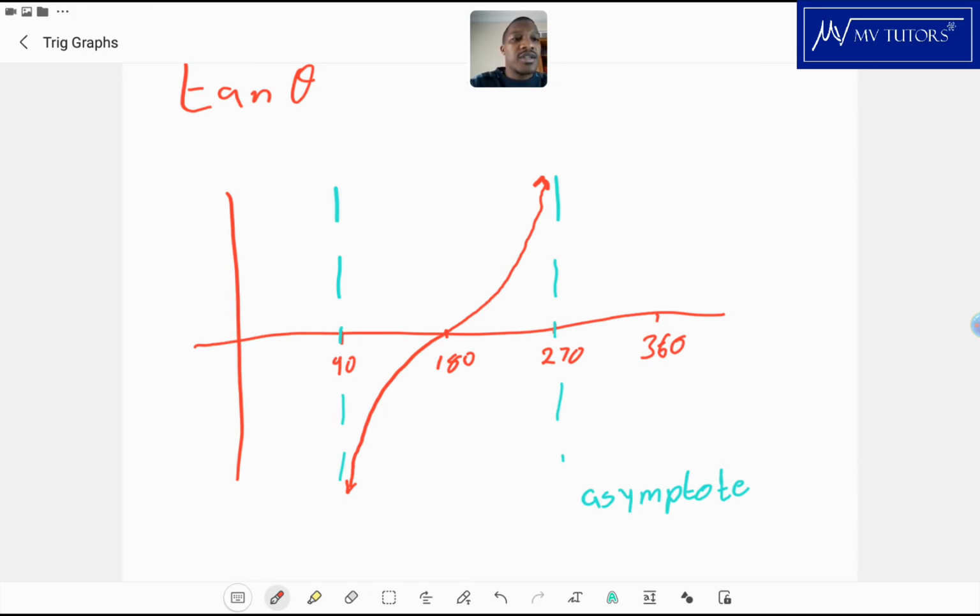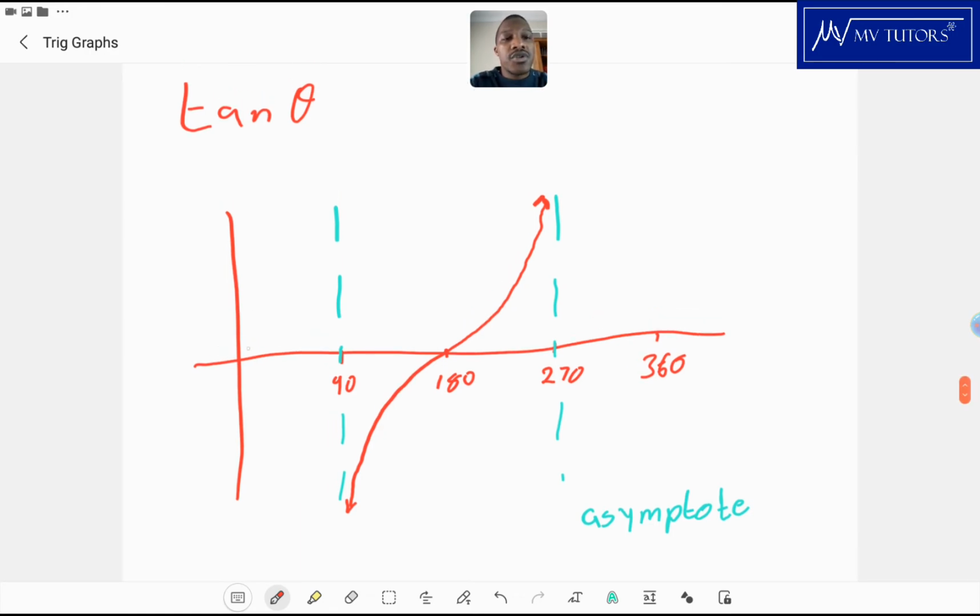As you can see, from 90 to 270, it has a period of 180 as opposed to 360, like the sine and the cos graph. So from 0, it's going to look like this. The 0 part is this one, and then the 360 part is this one.